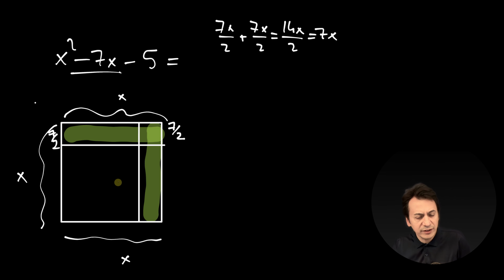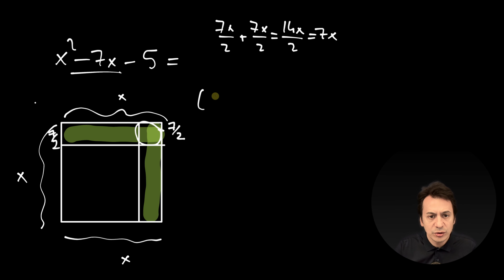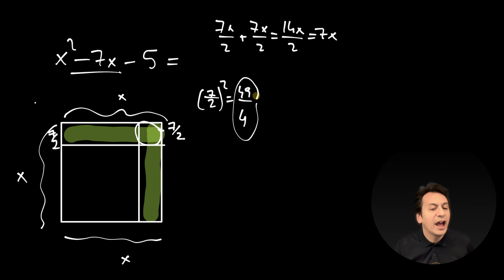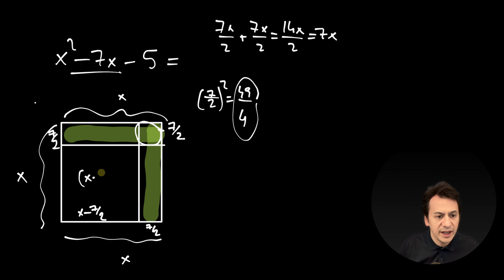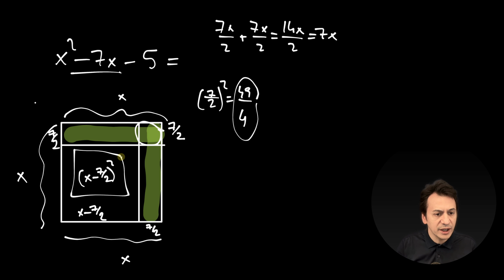So we'll subtract it and then add this part in order to make the equation right, which is the square of 7 over 2, which is 49 over 4. So if I add this, then I will have my perfect square. Well, let's do it. This part is 7 over 2, and this part is x minus 7 over 2, and this part is the area of a small square and equals this algebraic expression.